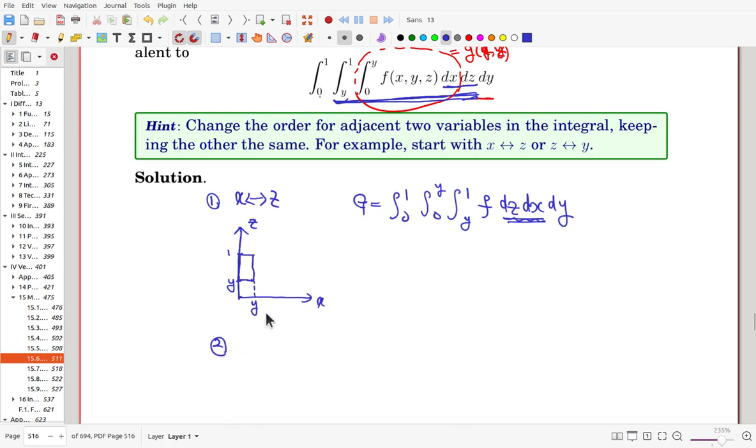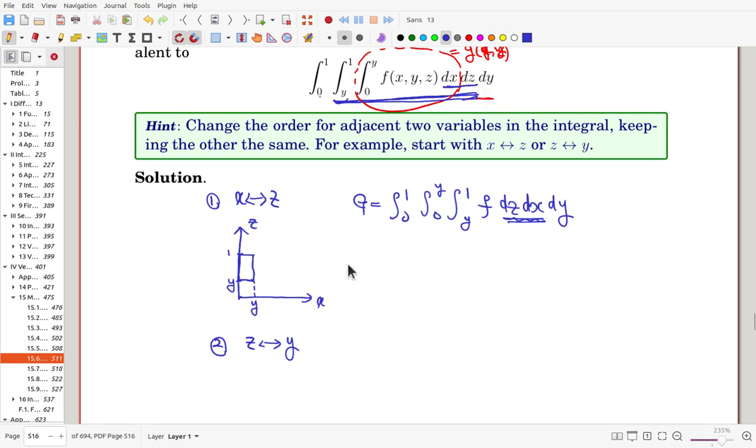This time, we try to change z and y. In this case, we consider this part as a function of y and z, so we can change z and y by using exactly the same technique we explored for double integrals.